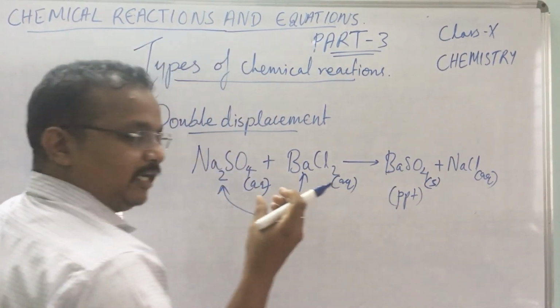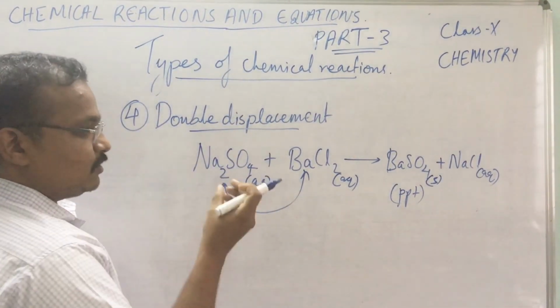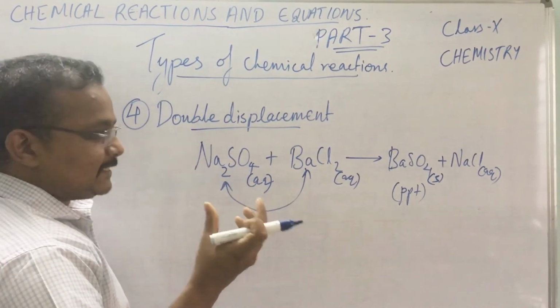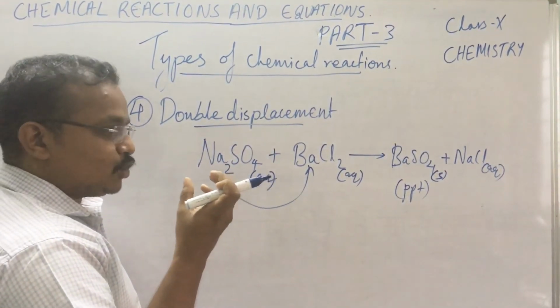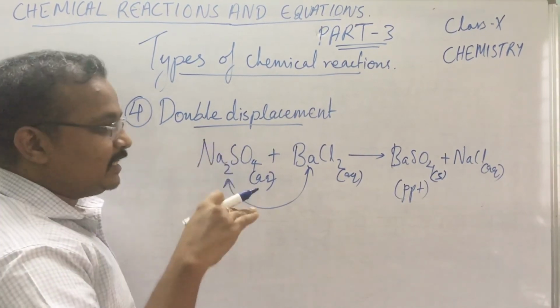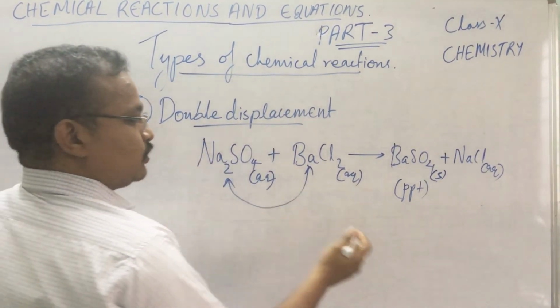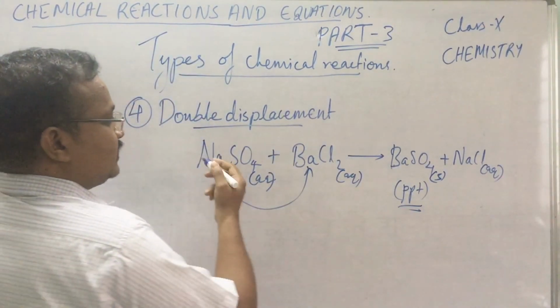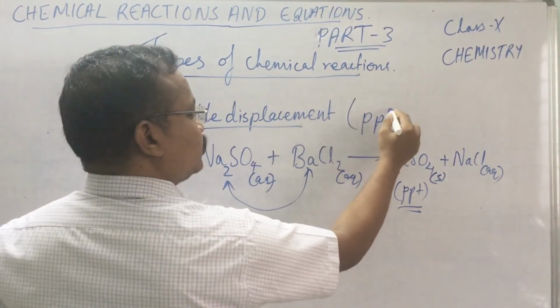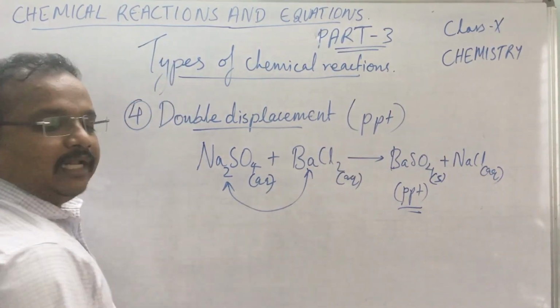That means the substance formed is a solid that remains as a solid and slowly settles down in the beaker. Because of the formation of precipitates in double displacement reactions, these are also called precipitation reactions.